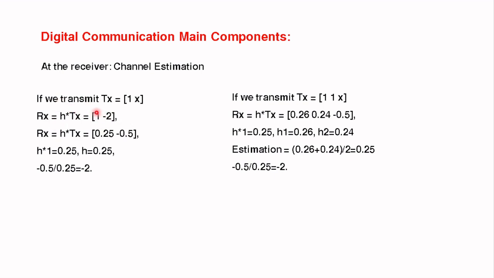For example, if we receive it as 1, we know that there is no effect, and this is the received symbol data. And if we receive it as 0.25, we know that this is the effect of the channel, because we already sent 1, we know that. So we compensate this effect from the received symbols, and we get our symbols.